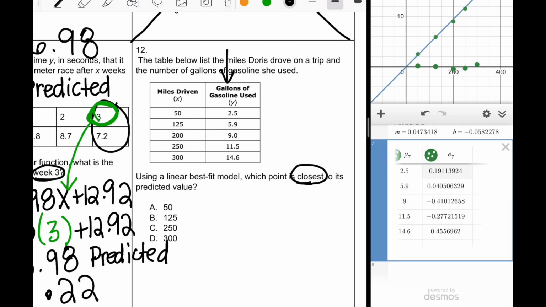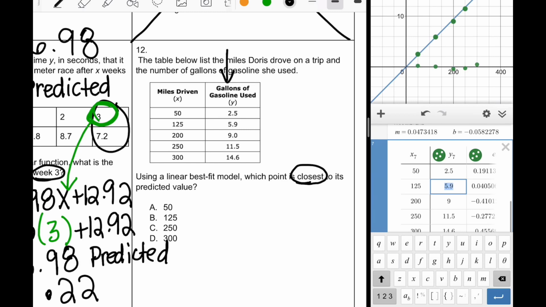Now, yes, I could have done this for the previous ones, but I wanted to make sure that everybody understood where these numbers were coming from. So I can actually determine the distance, my residual value for each point. So if I look here, for 50, my residual is 0.19.